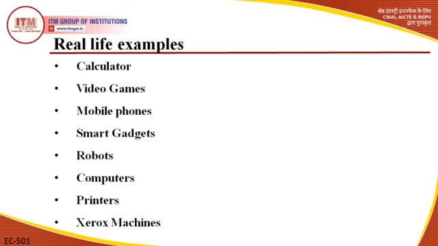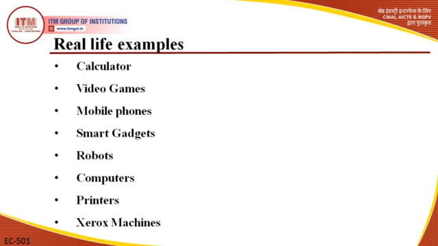So there are two kinds of mobile phone. One is dedicated for communication only, and one is dedicated for data and voice communication both. So first one is simple mobile phone, the second one is smartphone. Both types of mobile phone consist of processors, basically ARM processors.